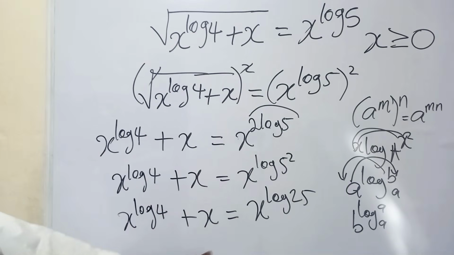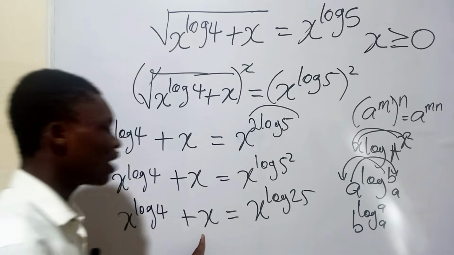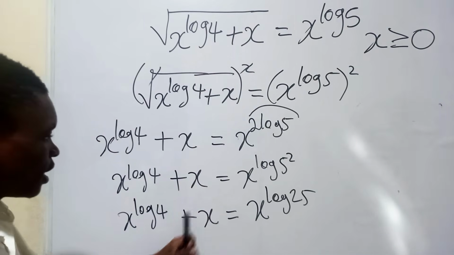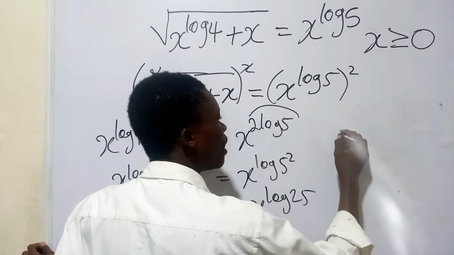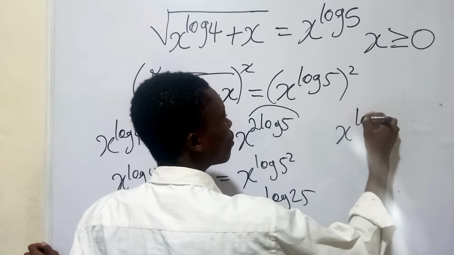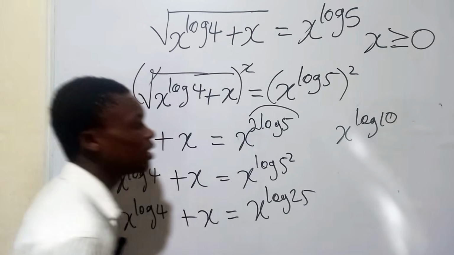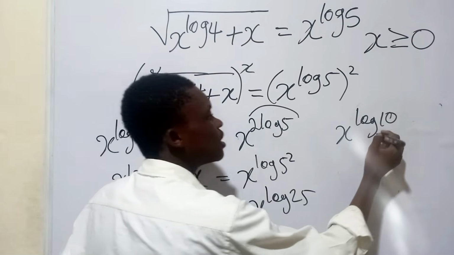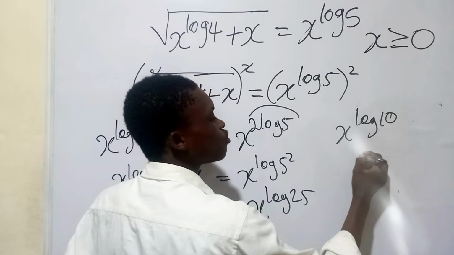How do we simplify this term here? x to power log 10 is still the same thing as x, because log of base 10 is 1.